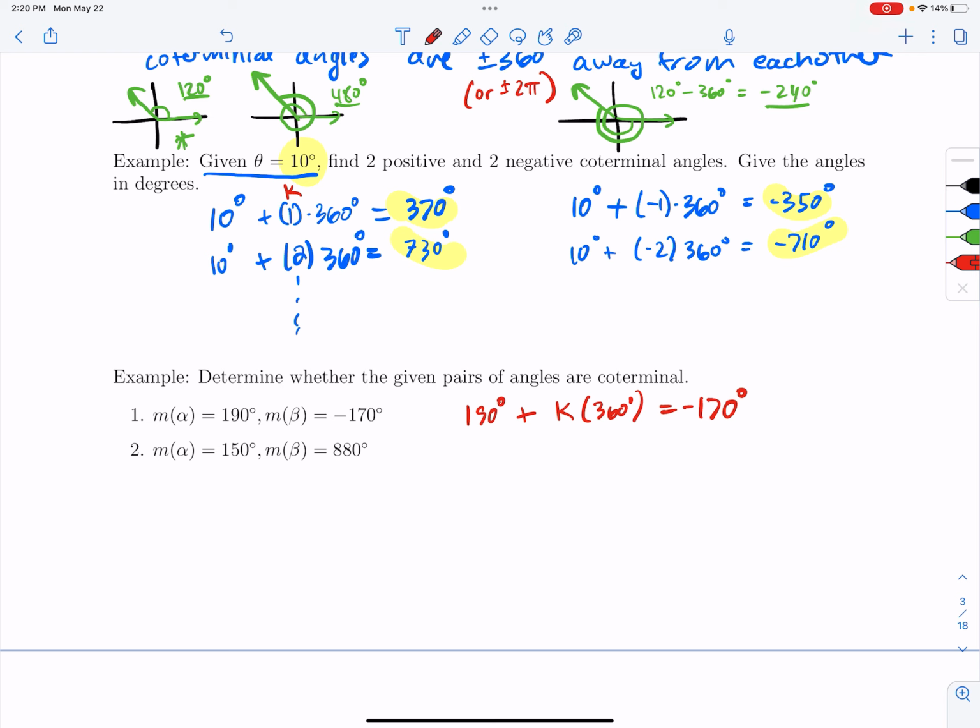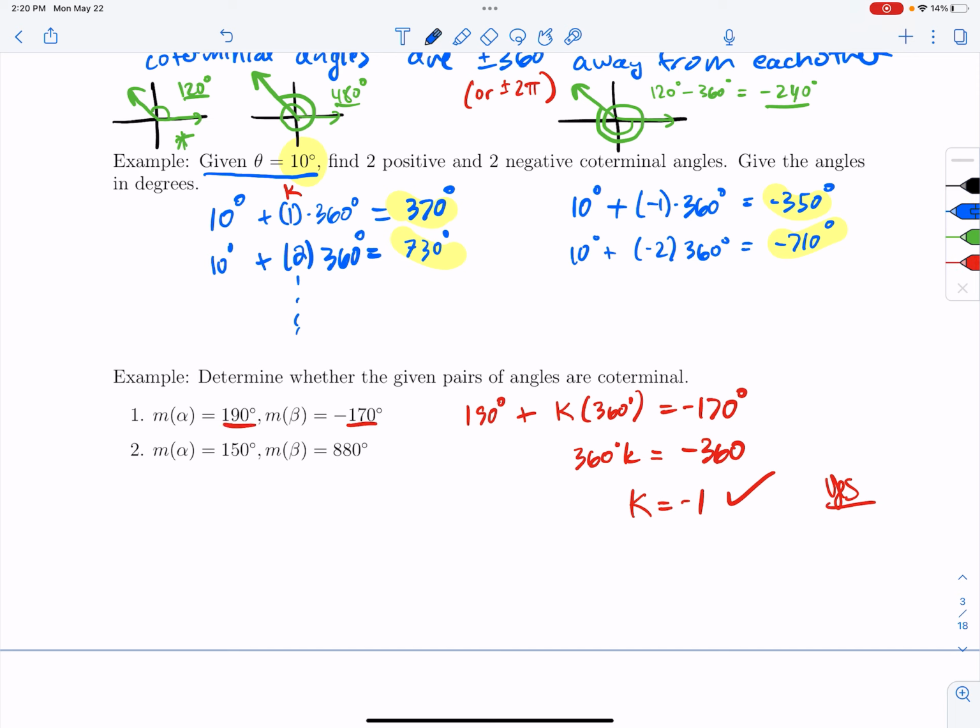In other words, can I solve for k so that it comes out to an integer, a positive or negative whole number? If I subtract 190 from both sides, I get 360k equals negative 360. And yes, k is equal to negative 1. Because that is an integer, we would say yes, these angles are coterminal to each other.